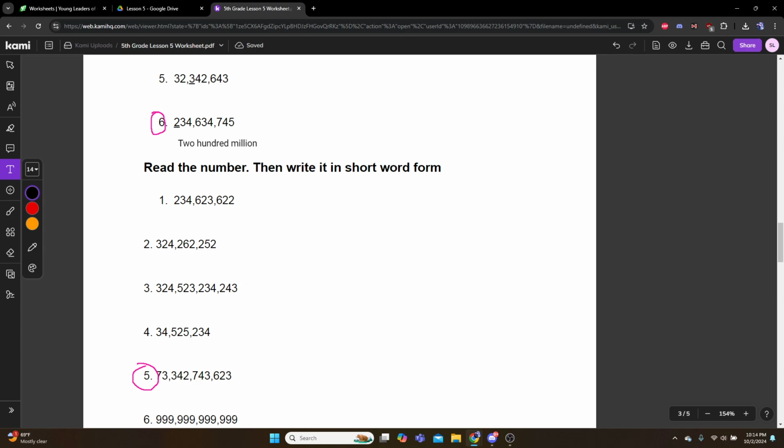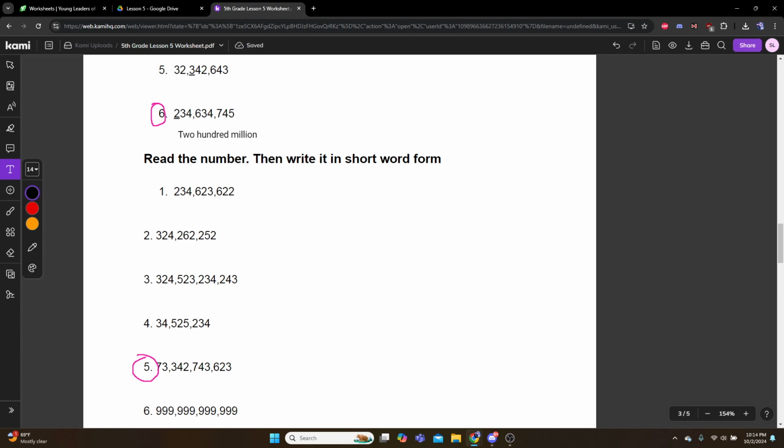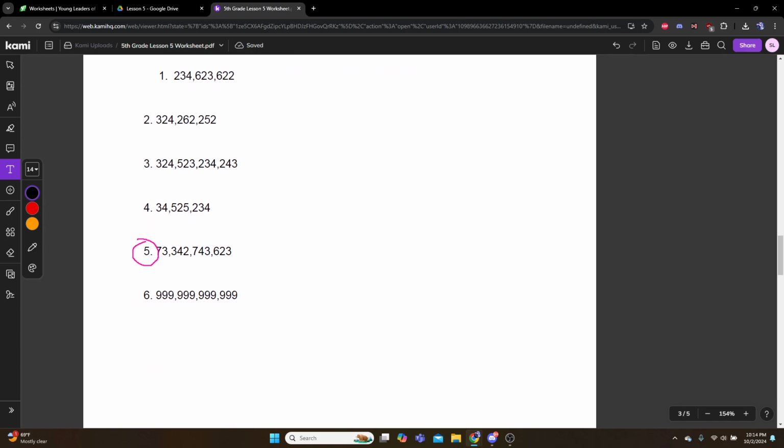Now for this one, read the number, then write it in short word form. We can see that the places are ones, tens, hundreds, thousands, 10,000s, 100,000s, millions, 10 millions, 100 millions, billions, and 10 billions. So we know that this is in the 10 billions.